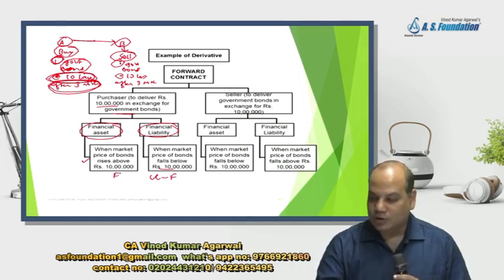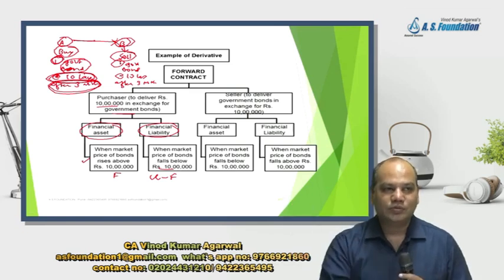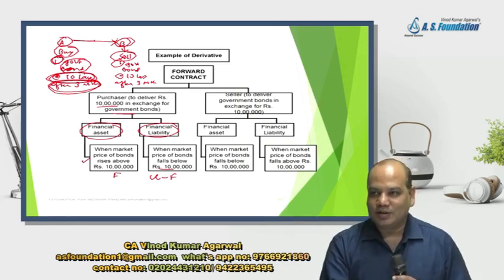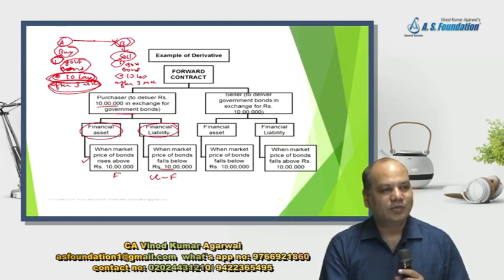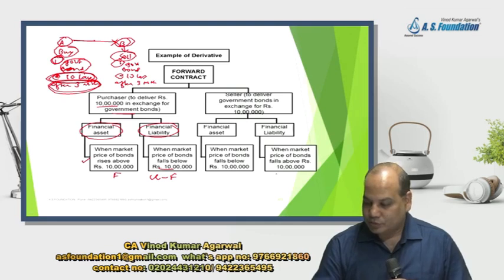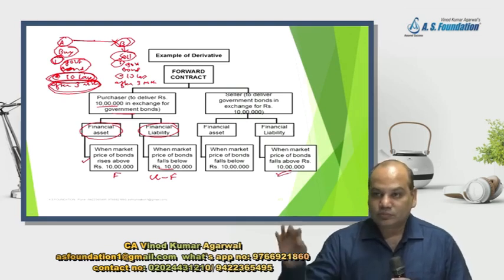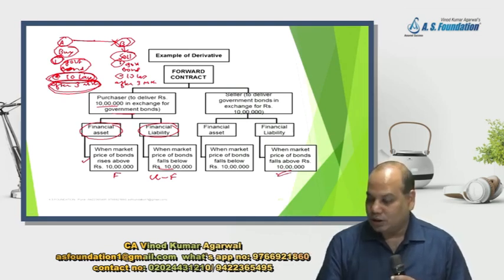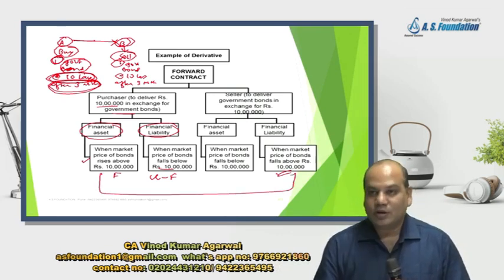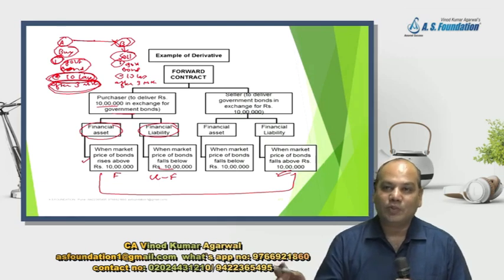Seller under the forward contract. What has Mr. B committed? I will sell you one bond at 10 lakh. I promise to deliver one bond at 10 lakh after 3 months. After 3 months, bond price has gone above rupees 10 lakh.